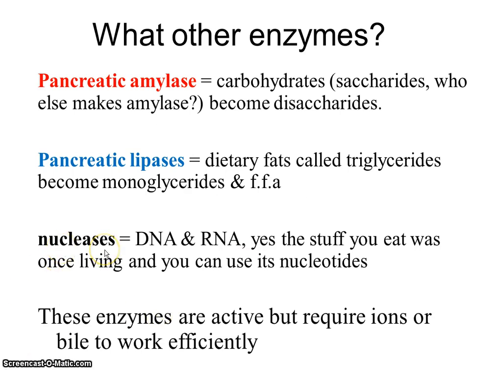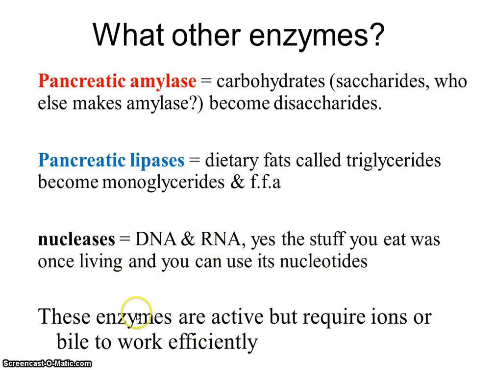Nucleases will work on the RNA and DNA. As I said, you are consuming cells, and cells have nuclei, and nuclei have nucleic acids. And those are useful building blocks for you as well. So the pancreas makes chemicals called nucleases, and you break down nucleic acids to nucleotides.